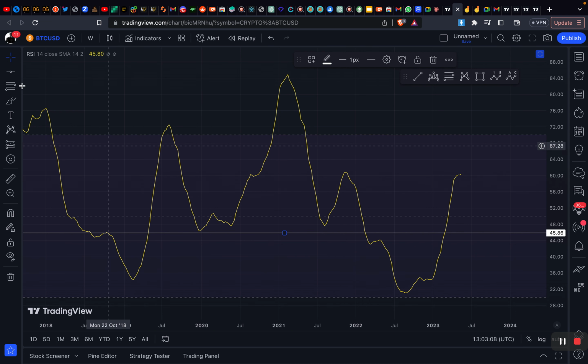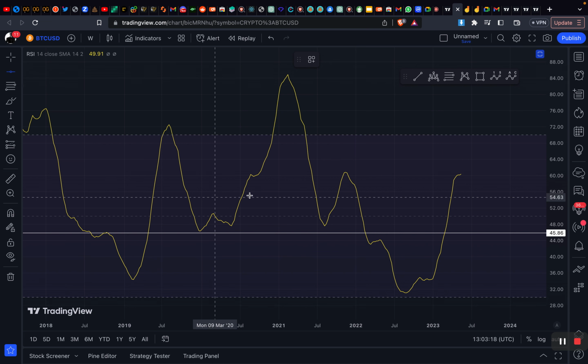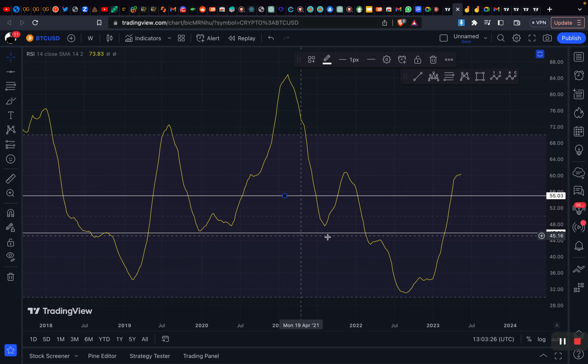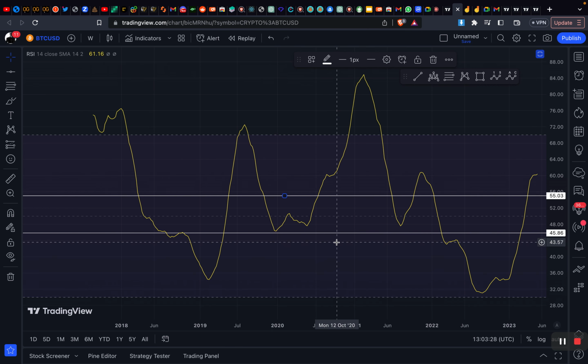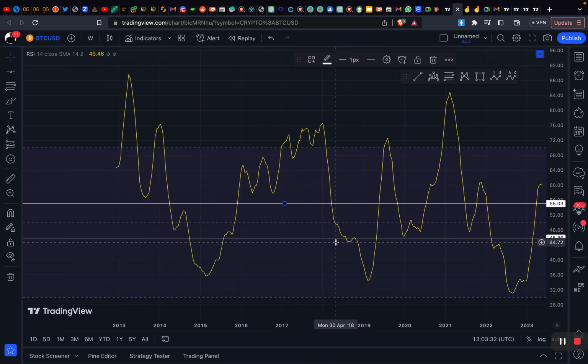Another level you can place: you take a trend line to the, can you see where I'm picking my trend line from? So this is how you use some of the trend lines. You use trend lines to be able to mark certain regions or certain areas. So I want to mark the 55 region, which is this. So these are two key levels that you watch out for when using the relative strength index for analysis.